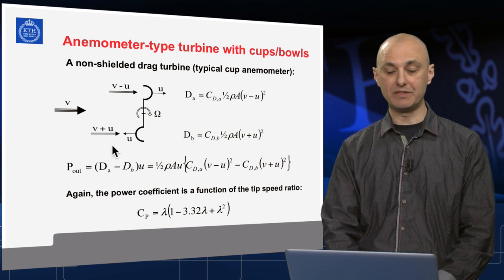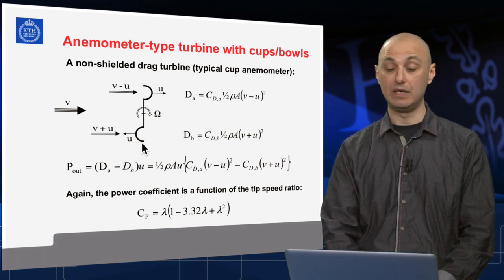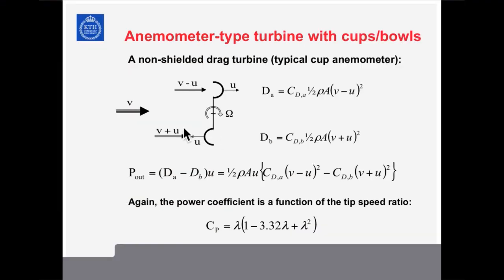However, the real velocity that it faces is the summation of the undisturbed actual wind with the translational velocity of the blade. And this would be the drag force exerted on this part of the rotor.